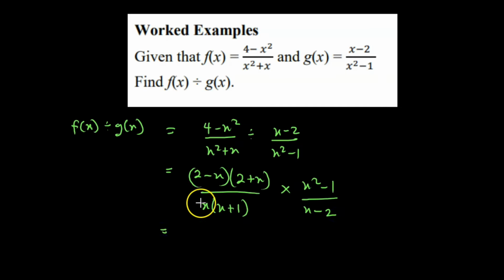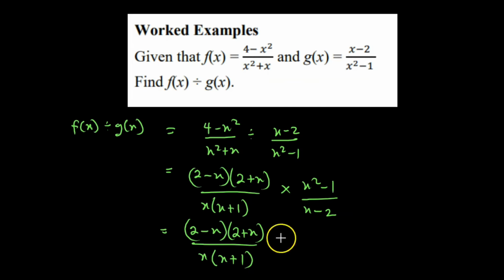Hence, going further, we have 2 minus x all multiplying 2 plus x all over x times x plus 1. Then multiplying, the numerator can be written as x minus 1 and then x plus 1, because it's also a difference of 2 squares. And the denominator will be x minus 2.